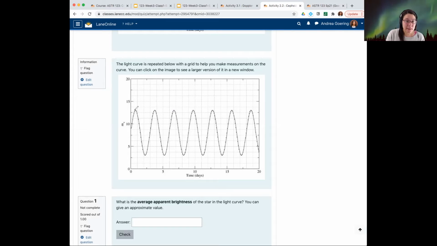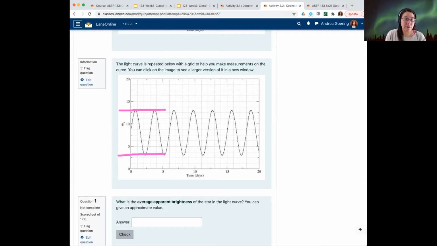And so this period is one important piece of this light curve. The other piece is the average apparent magnitude. So if we take the maximum apparent magnitude and the minimum apparent magnitude and take the average of those two numbers, then we will get the average apparent magnitude. Let's see, this one is something like maybe 3.5. This one looks like it's something like maybe 12.5.